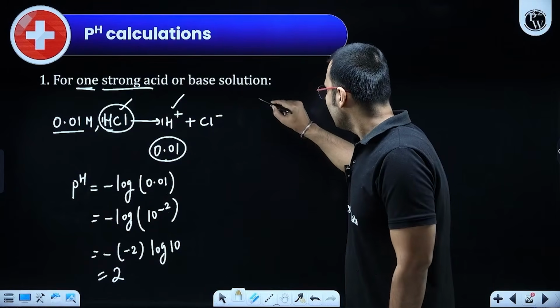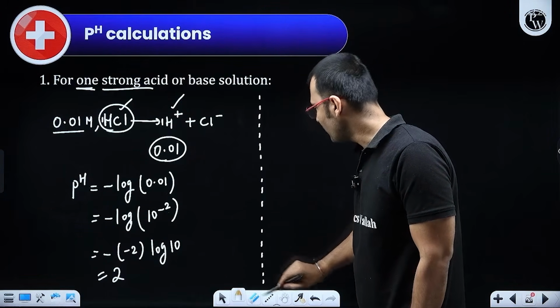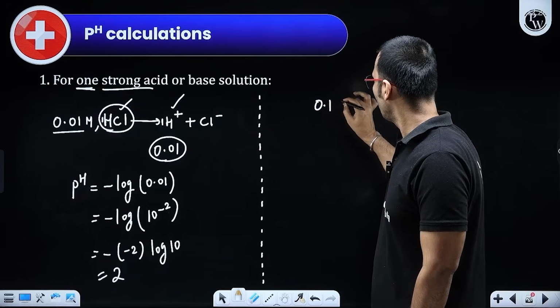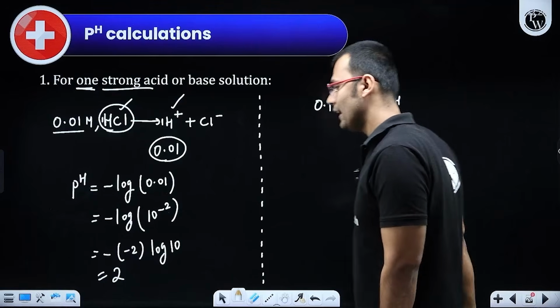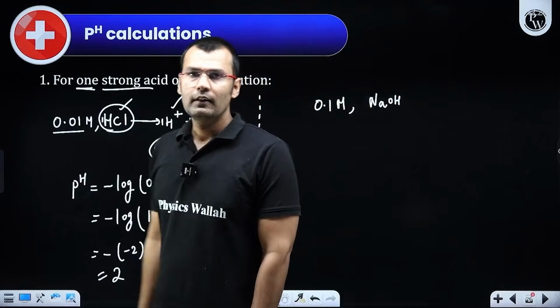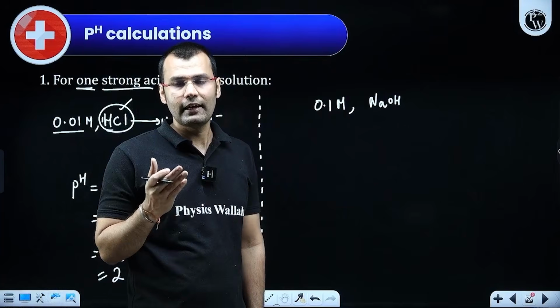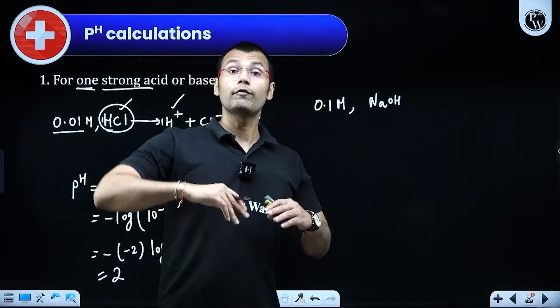Similarly, instead of a strong acid, suppose you have a solution of a strong base, let's say a 0.1 molar solution of NaOH. You know very well that NaOH is a strong base. Here also just dissociate it, but in case of a strong base, instead of H+, you can obtain the concentration of OH minus.